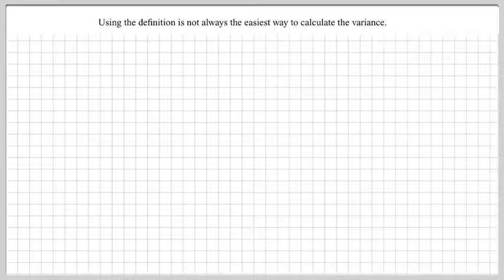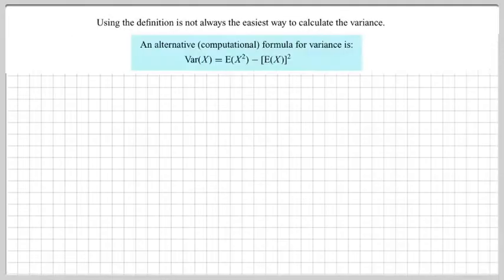So what we're saying here is that using the definition that you've been seeing in the blue boxes on the previous screen or two is not always the easiest way to calculate the variance. In fact, there's a much easier way. This is an alternative way which I want you to learn very well.